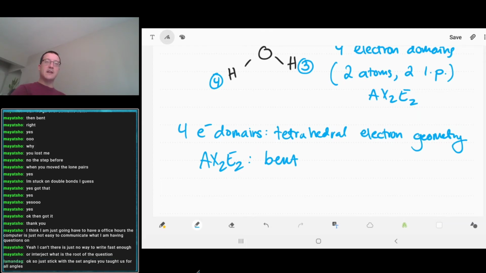Thankfully for us, just understand that it is less than 109.5, just a little bit. Honestly, if you put 109.5, that'd be fine too. It just so happens that lone pairs push a little bit stronger than atoms do, but that is not important for this level of chemistry.